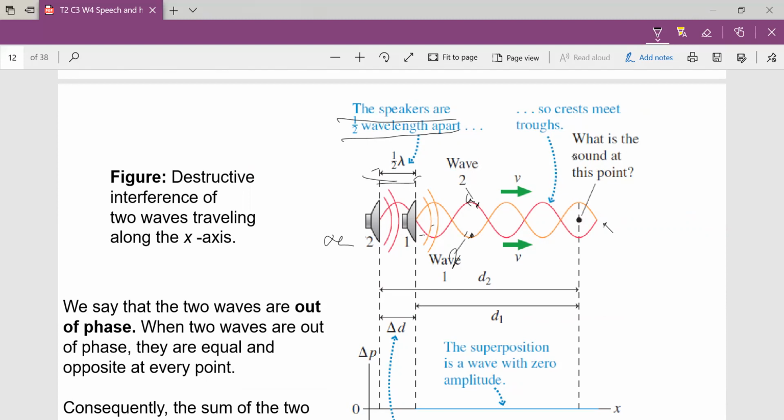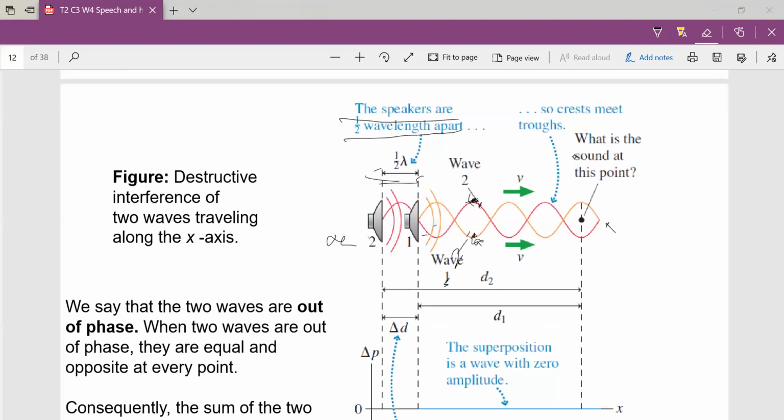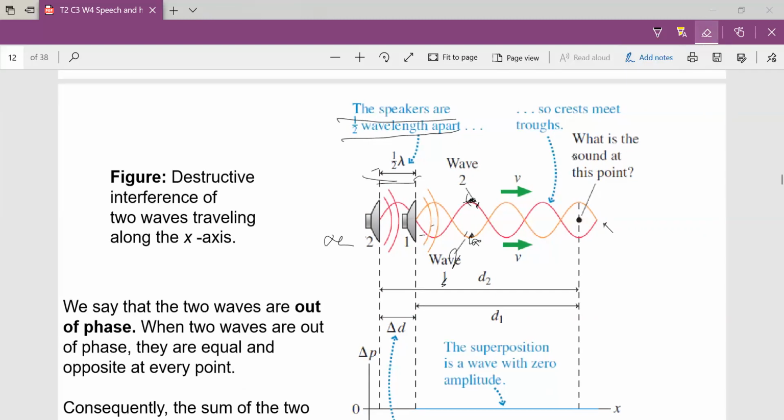This is the wave diagram telling us that the trough of the wave from sound one is tallying with the crest of sound two. And when that happens, they cannot combine perfectly, right? We say that they are out of phase.